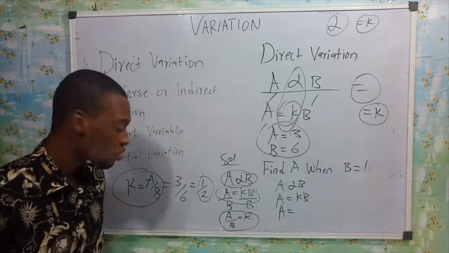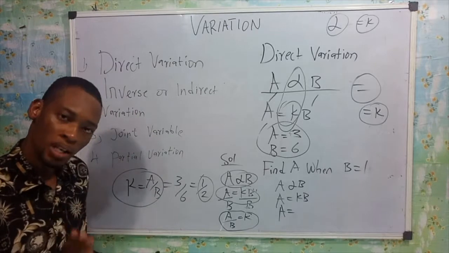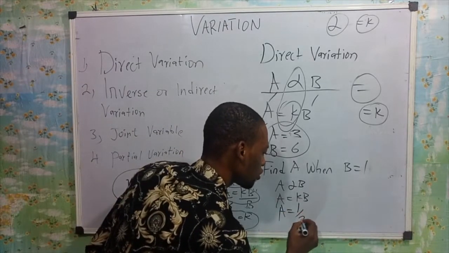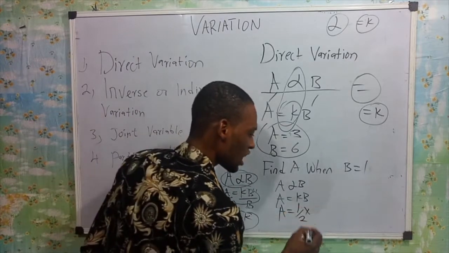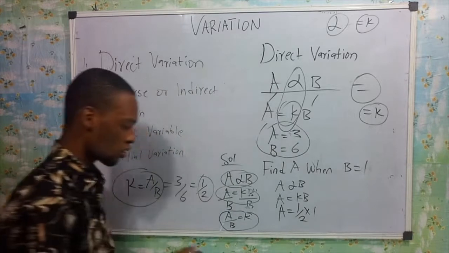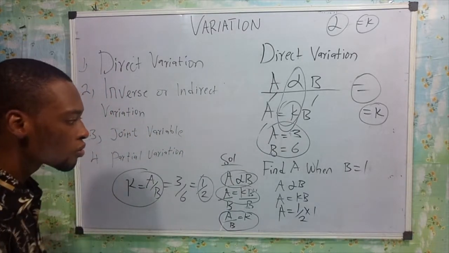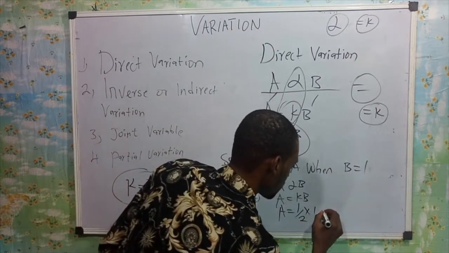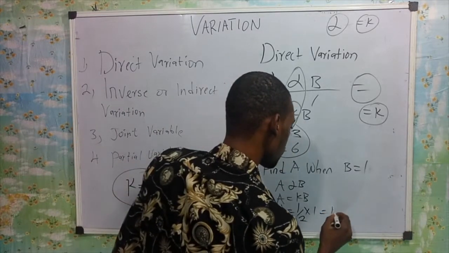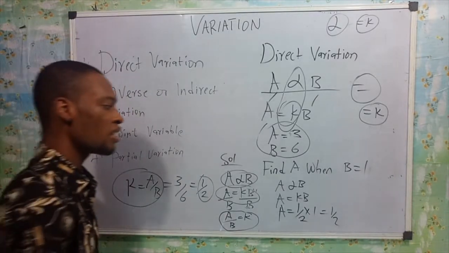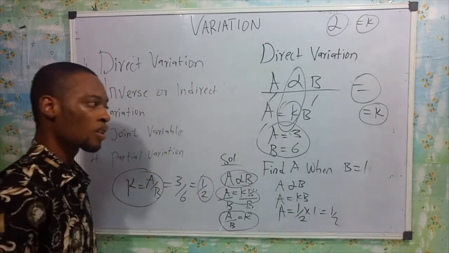So A equals 1 over 2 times B. But we are told that B equals 1. So when B equals 1, A equals 1 over 2.